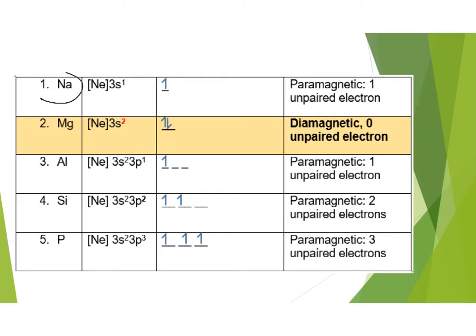Let's say I asked you the question, is sodium diamagnetic or paramagnetic? Prove it. Well, you would first have to draw out the electron configuration for sodium. Let's do shorthands now that we know how to do that. And then what you want to look at for paramagnetism or diamagnetism is just the valence electrons, just the last electrons to go in.